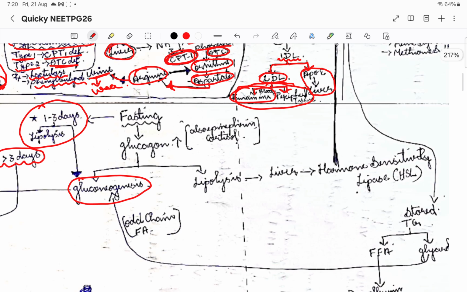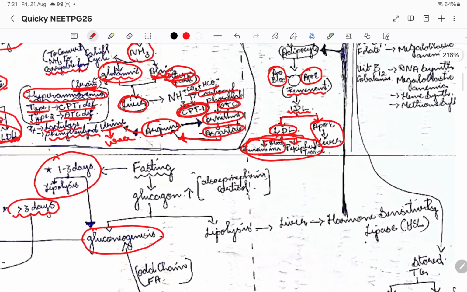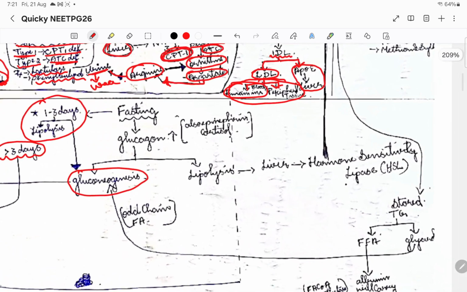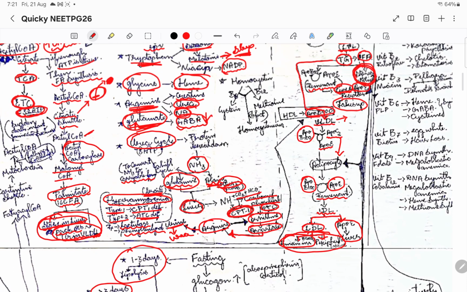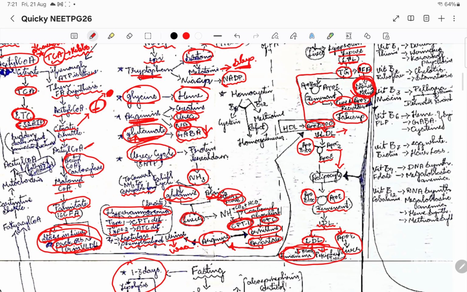When we are not consuming glucose, new glucose molecules will be formed either from glycogen or fatty acids or from proteins. This is called gluconeogenesis. Gluconeogenesis occurs through fat. There was stored fat, right? So here we discussed there was a stored fatty acid.